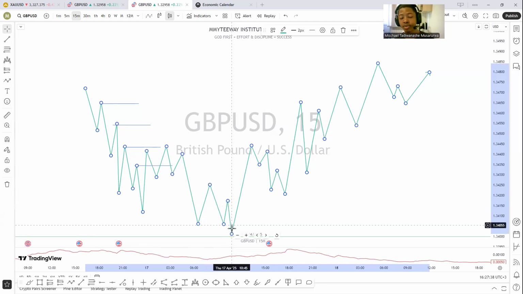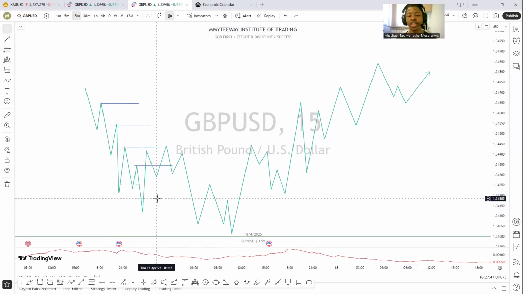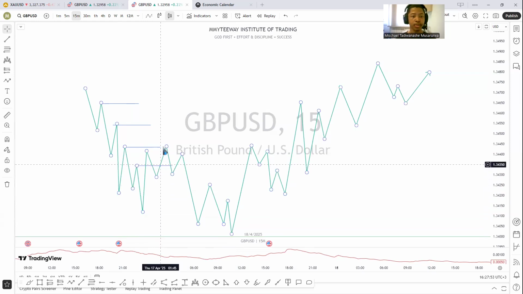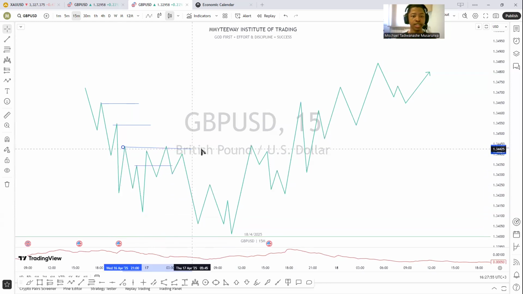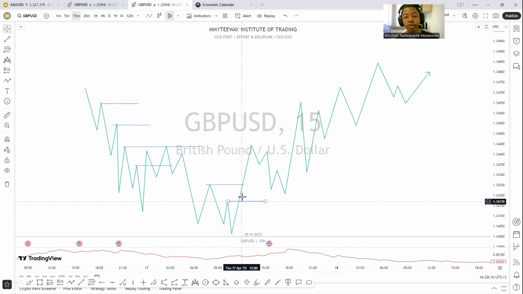It went down and continued to make a lower low. So this is why I do not care about the lower lows when we are in a downtrend. I only care about the lower highs. Because look at this. Let me extend here and then we continue to draw. As soon as it broke the previous lower high, that's where it started to make what?